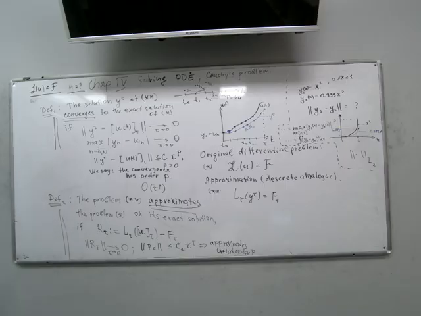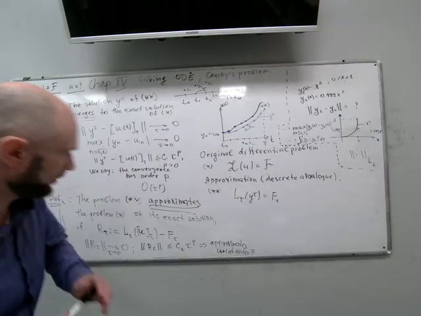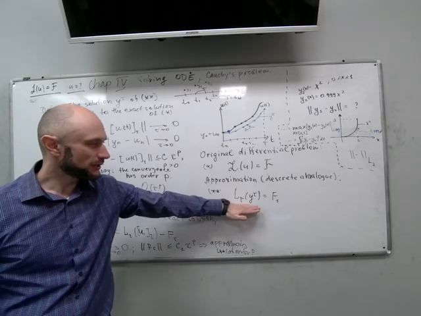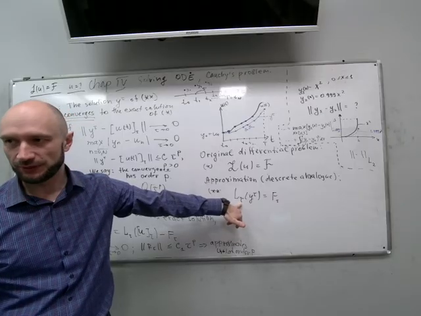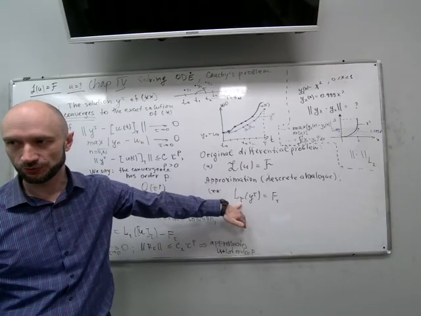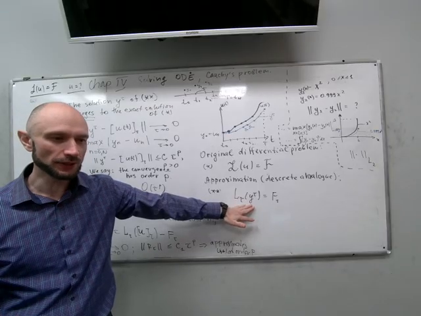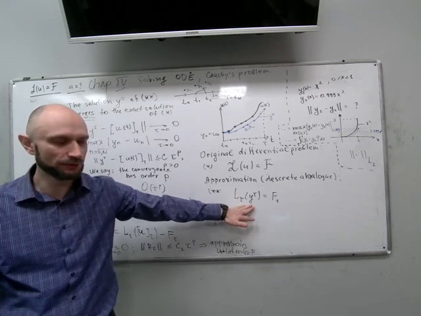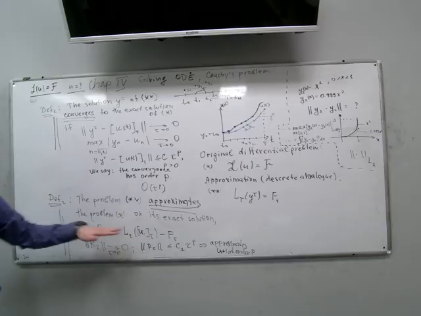Good. So let's think about this. Let's imagine that L tau represents the explicit Euler method. Very simple story. And let's think, how would we check that the explicit Euler method approximates the original problem?